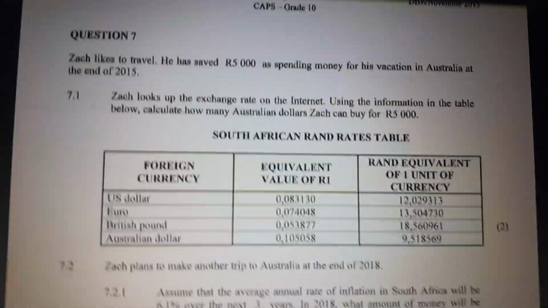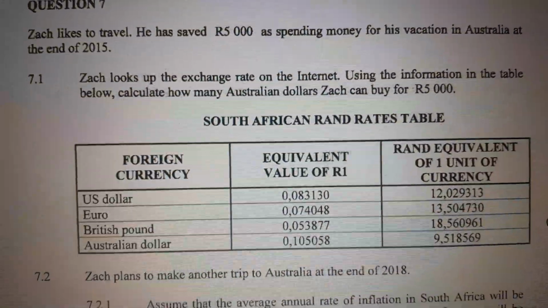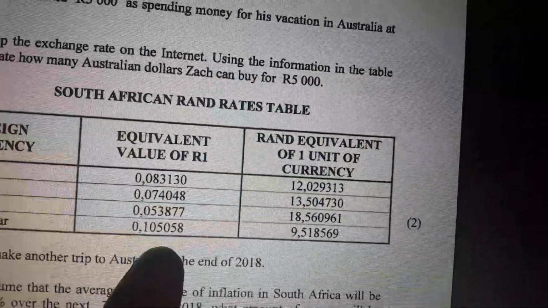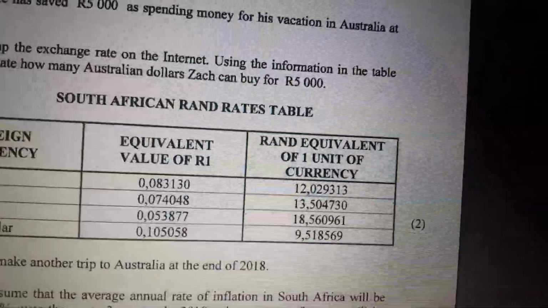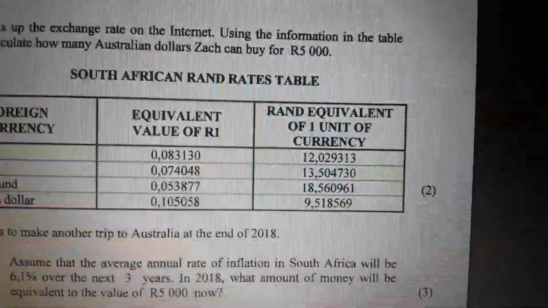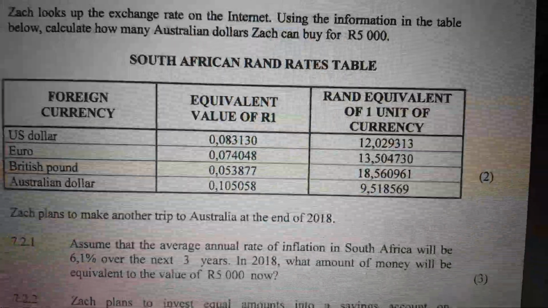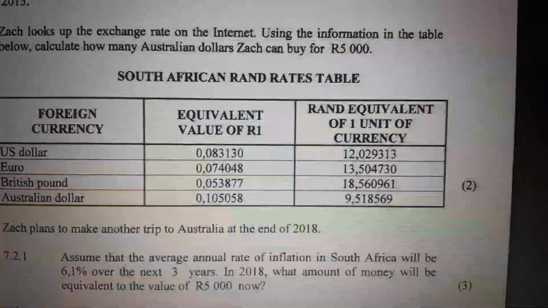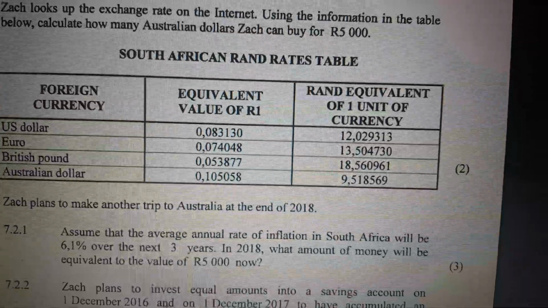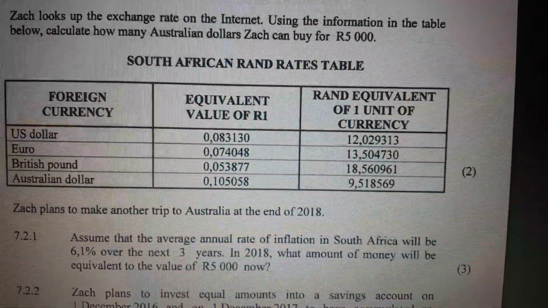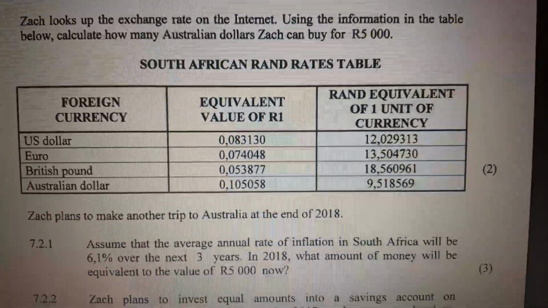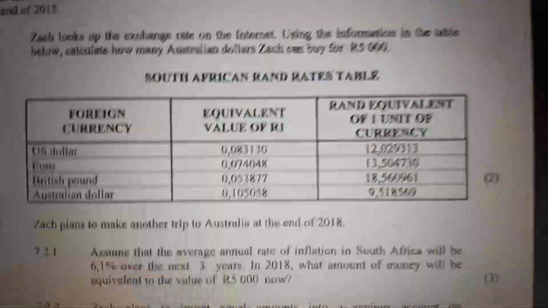Now, if you look at the rate here, the one for Australian dollars to rand is this one. Okay, let's start again.